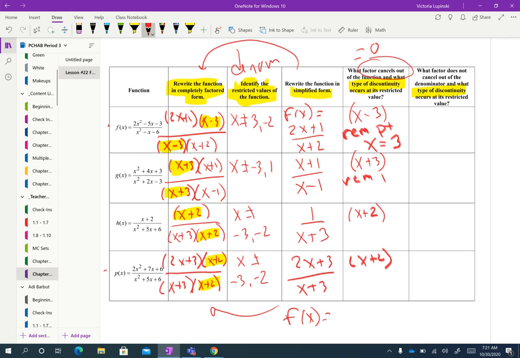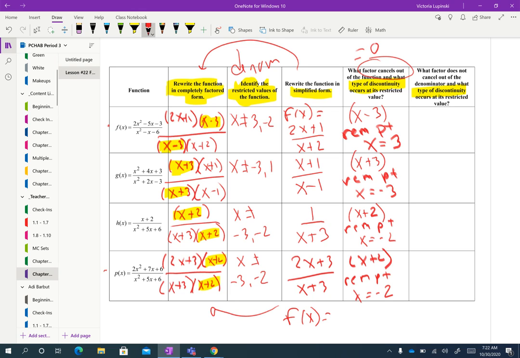You're going to get, again, a removable point discontinuity at x equals negative 3 for the second example. You're going to get a removable point discontinuity at x equals negative 2. And then you're going to get a removable point discontinuity at x equals negative 2.